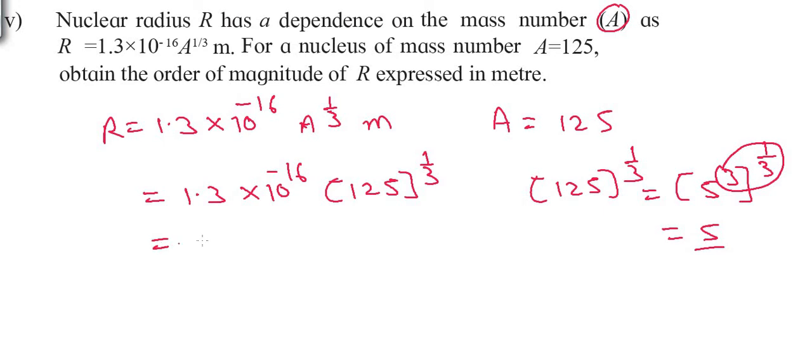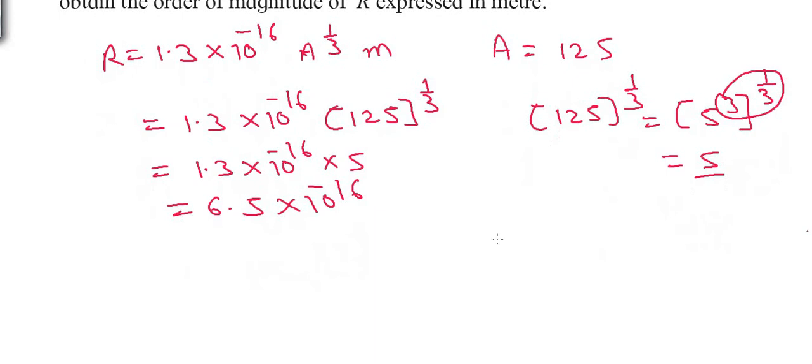Let us substitute it over here, and so we get 1.3 into 10 raised to minus 16 into 5. Now 5 into 1.3. 13 5s are 65, but it is 1.3, so 6.5 into 10 raised to minus 16. Now let us express this in terms of order of magnitude. For order of magnitude, we need this number between 0.5 and 5, but it is 6.5, greater than 5.